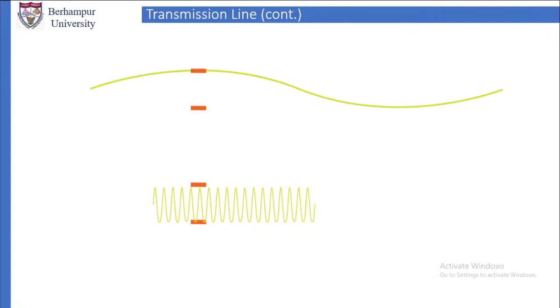But if you look at the bottom figure, at every point of the transmission line section, that is the two red lines, there will be a different voltage or different current, because the wavelength is so small that the transmission line length is comparable to the wavelength.